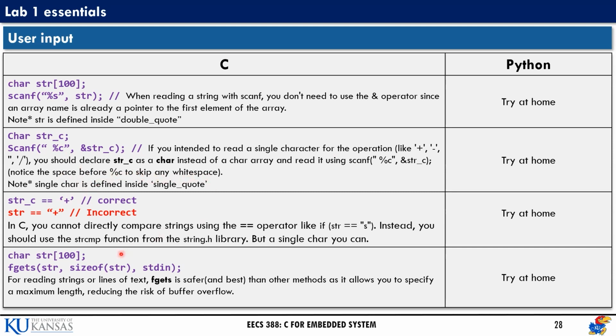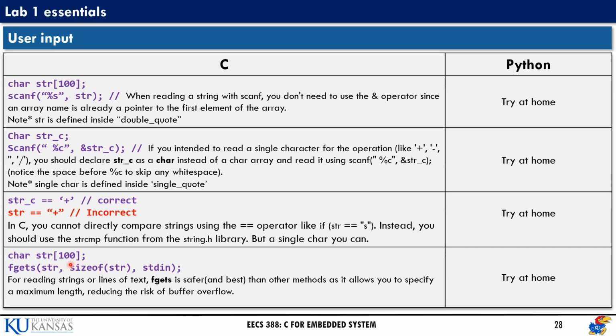And if you want to compare a character or string in C, you can only use the equal sign for a single character. That's why you can see that this is correct, but this is incorrect. This single quote is telling the compiler this is only 1 byte or 8 bits of data, and we are comparing it with this character variable.